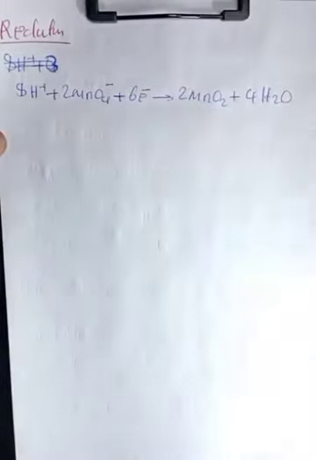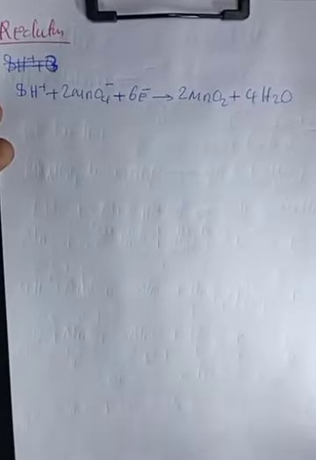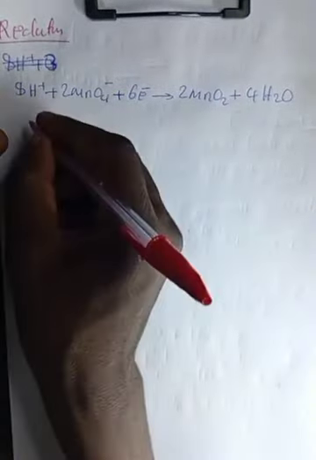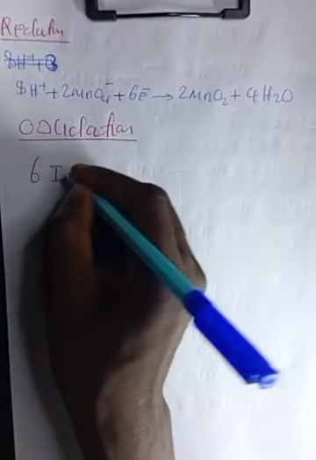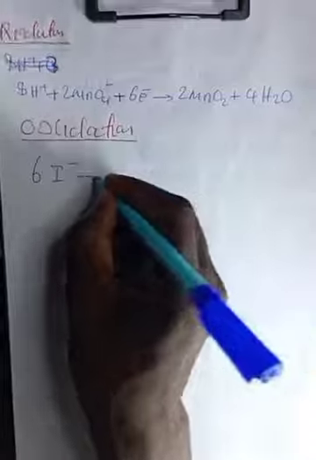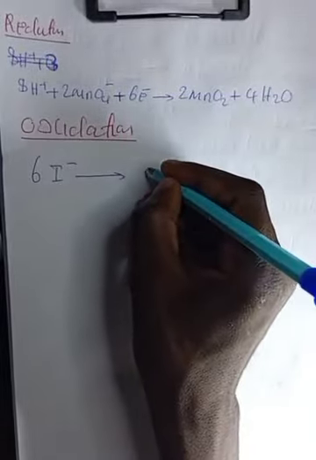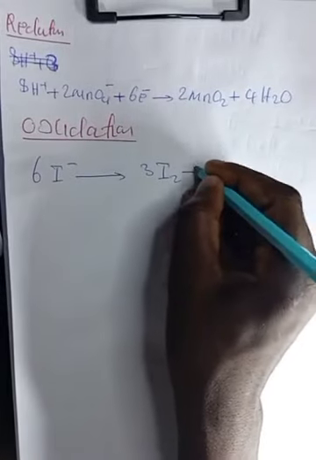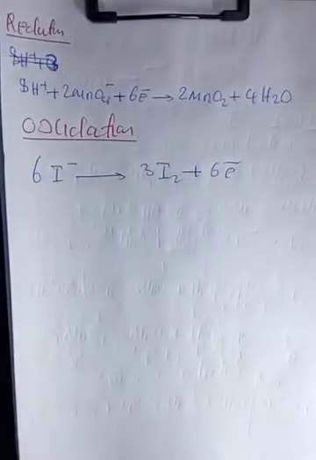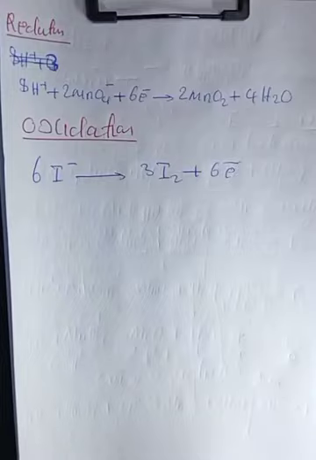Next, let's look at our oxidation reaction. Now the oxidation: we have 6 iodide, I-, giving us 3 I2 plus 6 electrons. So I can see that we have balanced everything.